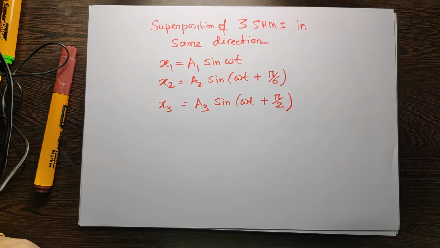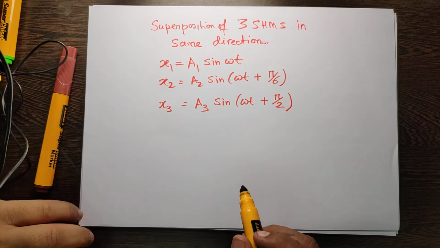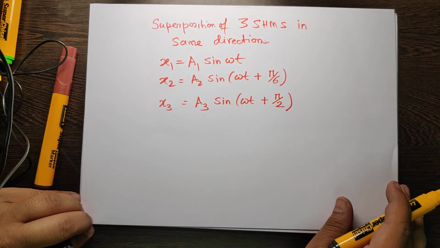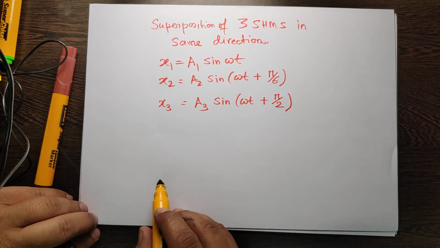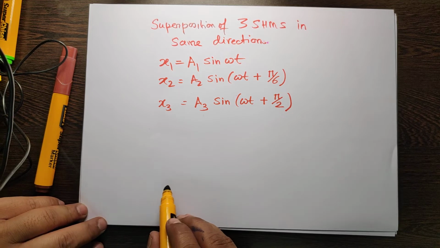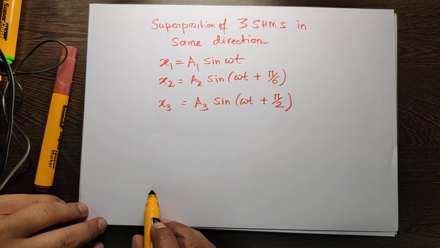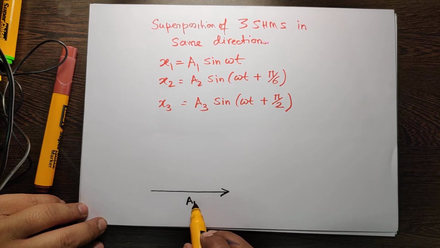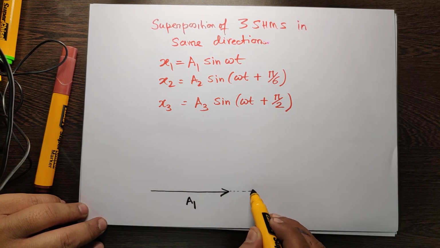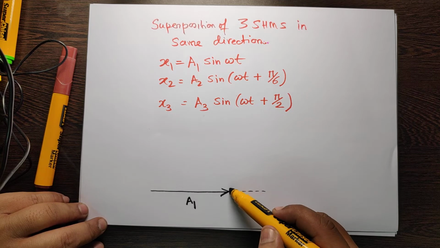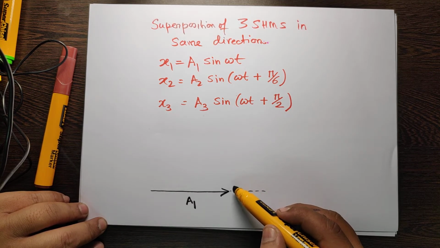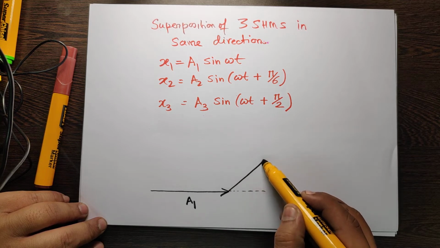So we can expand that vector addition idea. Now here, instead of the triangle law, there will be application of the polygon law. Here I go, A1 for the first SHM, and for the second SHM the pi by 6 means 30 degrees.